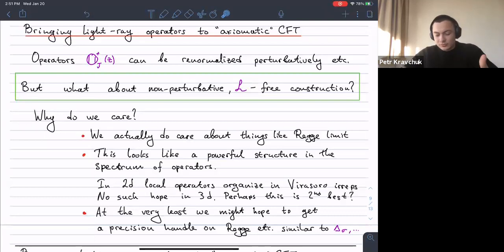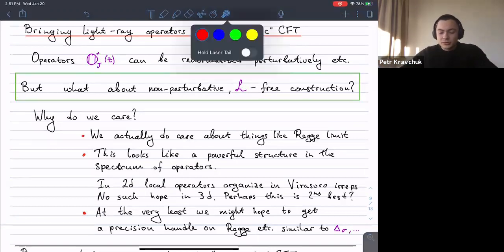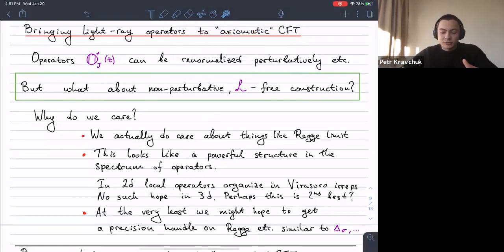And another reason to want a non-perturbative understanding of the light-ray operators is that they interpolate between local operators, and the spectrum of local operators is really complicated, and we don't really understand any structure. Well, we have some ideas, but we don't completely understand the structure of the spectrum of local operators in conformal field theory.